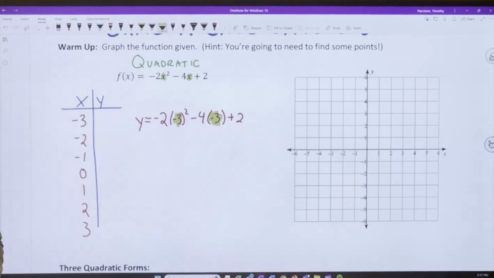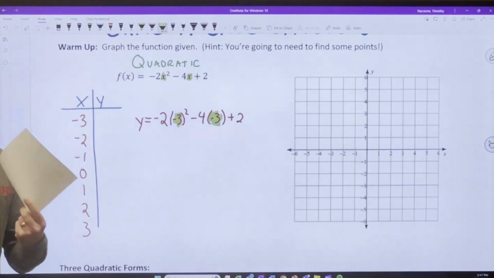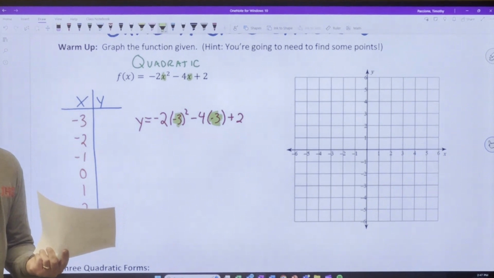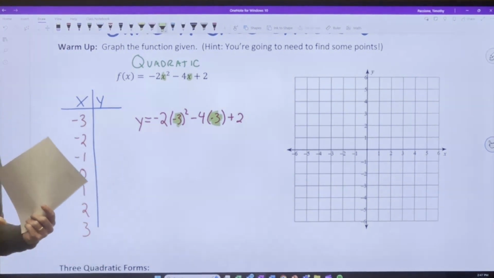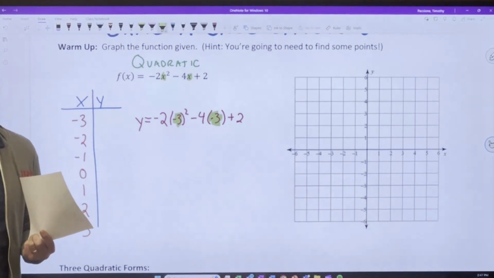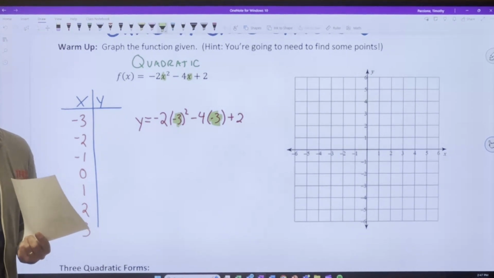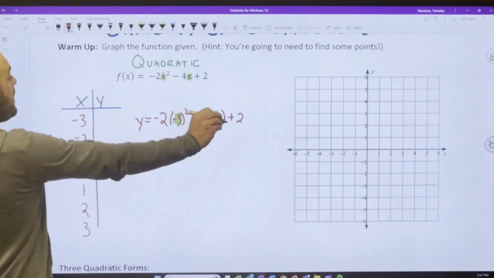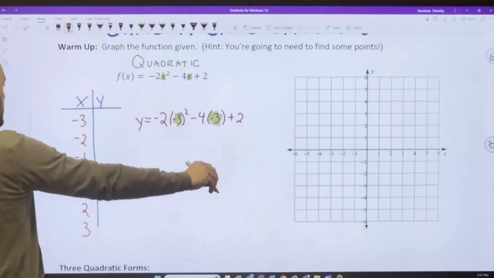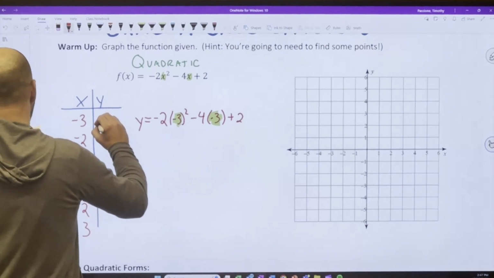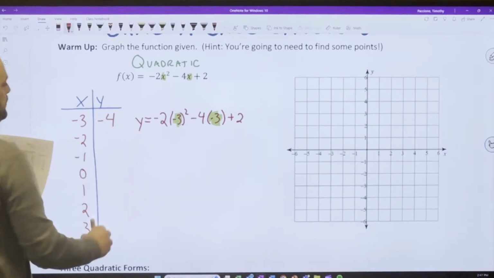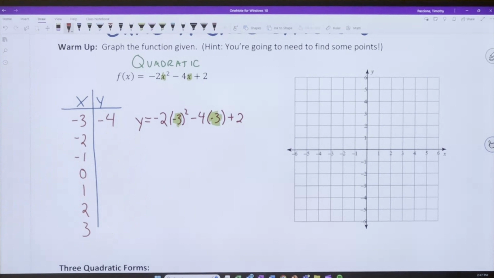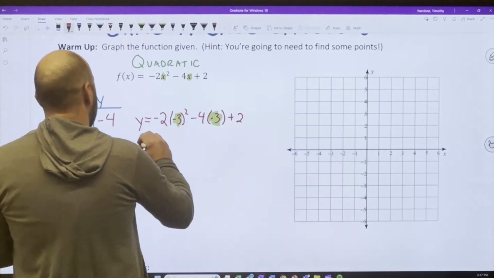And if you have a graphing calculator and you put all that in, then when you go to the next one, all you have to do is press up, go back to everything you typed, and change the number from -3 to -2. That's a little trick for graphing calculators. If you plug all that in and press enter, you would get -4. Then you would go again and say, now I need to find the next one.